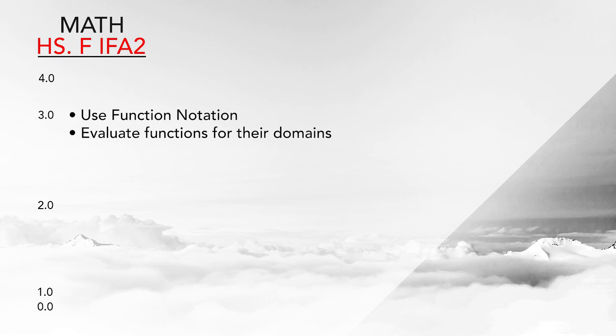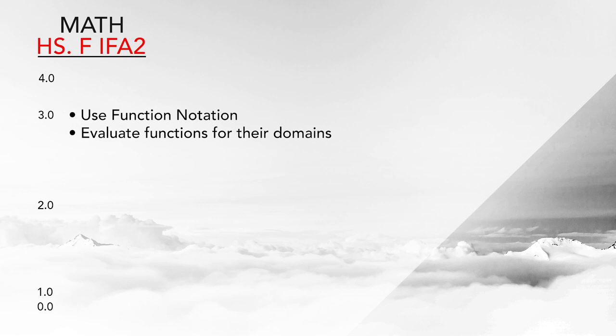Now I actually have two separate bullets. My next one says and interpret statements that use function notation in terms of a context. Because it says and, the student actually has to do all three things to be at standard.